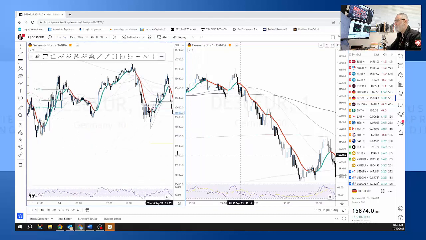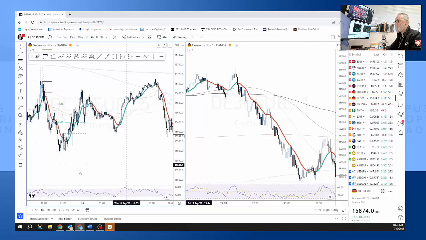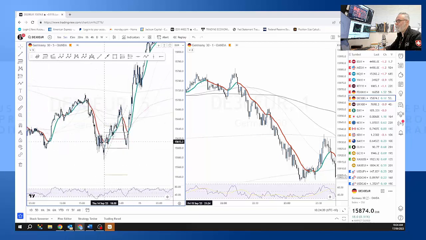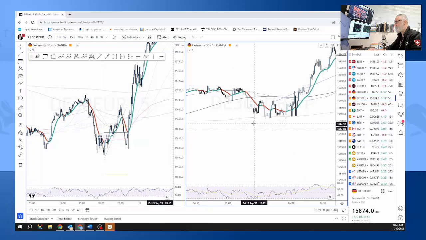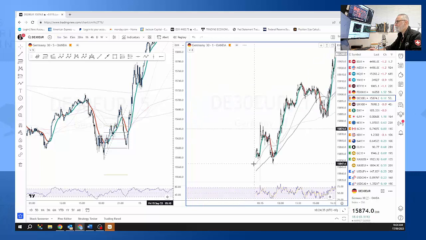Let me just go to a point over here. This is all red on the downside. See how long it took to get going? Let me go over to the 1-minute chart, and this is a little bit of a trap that happened to me. So let me just get to the point.